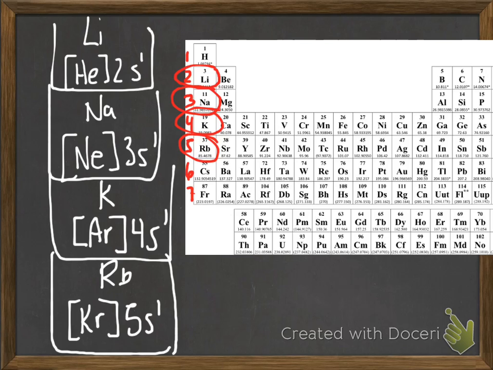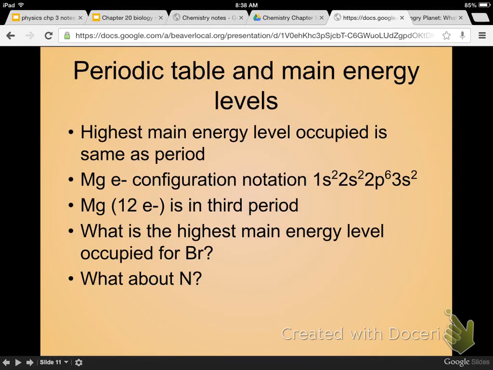If you were a betting sort of person, what would you bet the highest main occupied energy level for cesium was? 6. So, as it turns out, the highest main occupied energy level is always the same as the period. That's the first part of the kitchen step stool that we're building to get to the shortcut. So, whatever the period is, that is going to be the highest occupied main energy level.